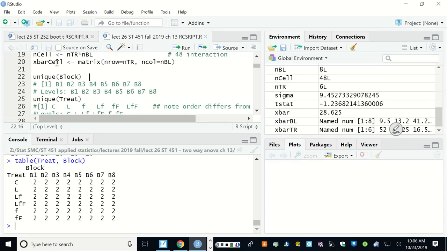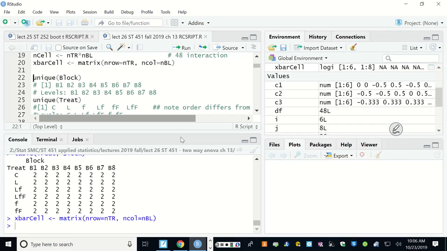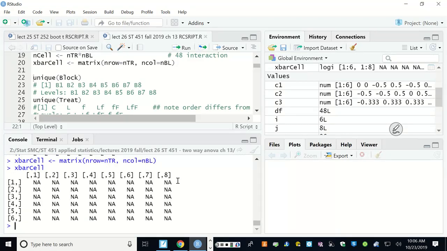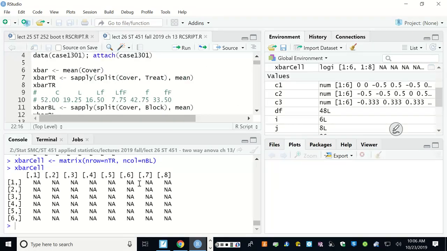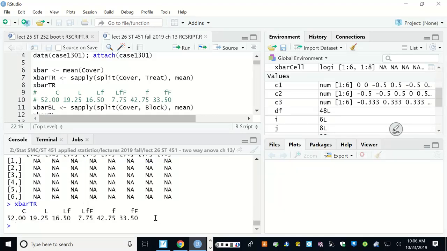I wanted to calculate this thing, X bar cell. I want the averages of the outcomes of the cover by block and by treatment. I want to see what those averages are. So how can I do that efficiently? Well, when I did X bar TR, here's my treatments in this order.